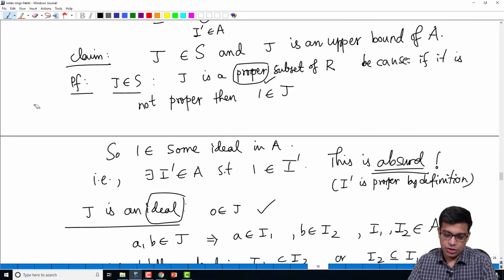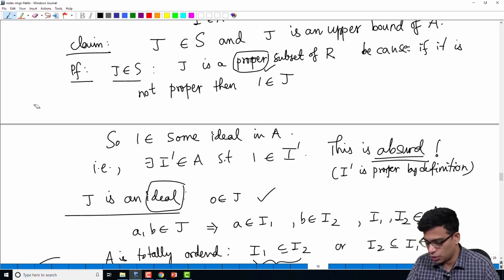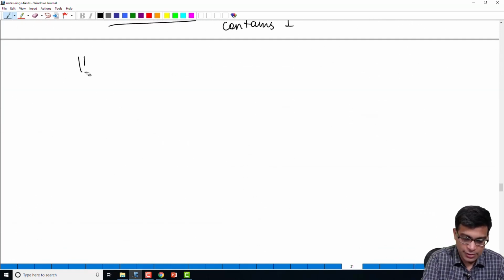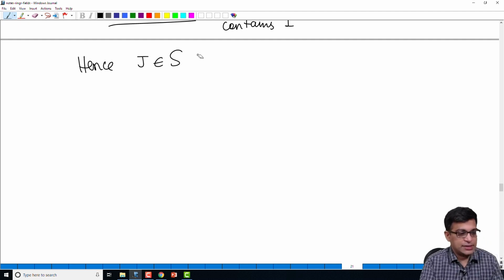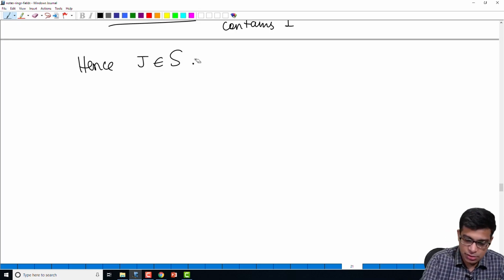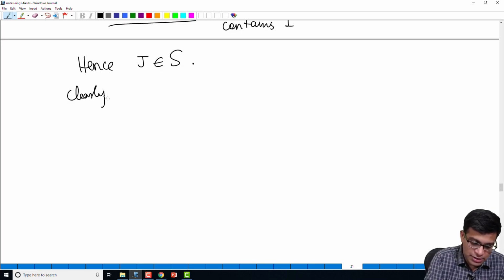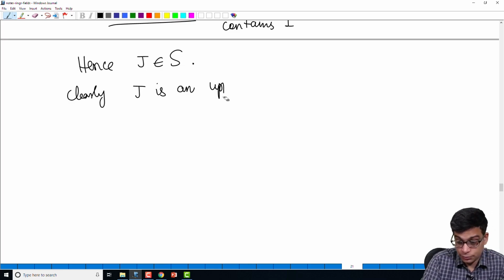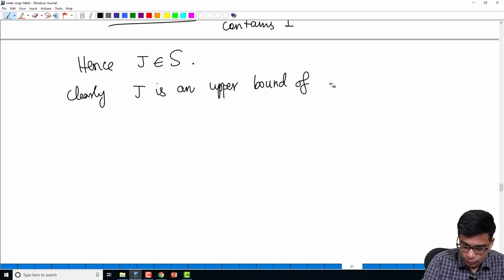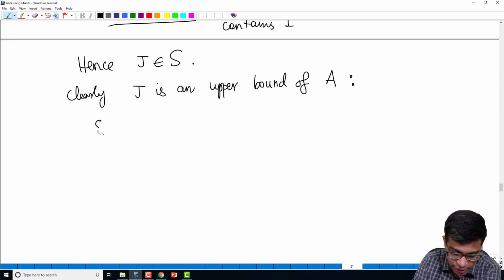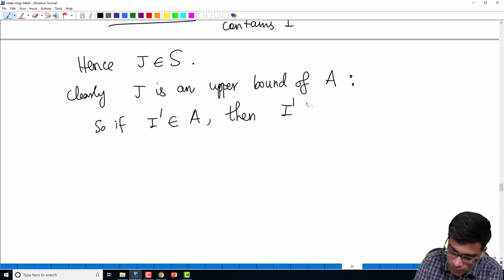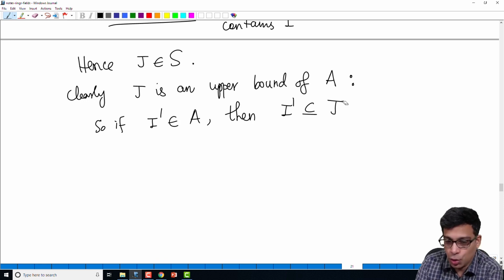So what did I show now? What I have shown is that J is in S. Remember, S is a collection of ideals, J is an ideal, so J is an element of S. And clearly this is very easy, J is an upper bound of A, because remember J is the union of all ideals in A. So if I prime is in A, then I prime is contained in J, because J is the union of all ideals in A. In particular, I prime is one of the things that contributes to that union.